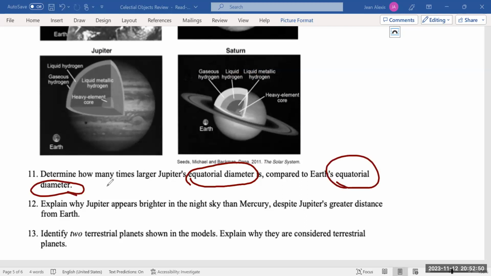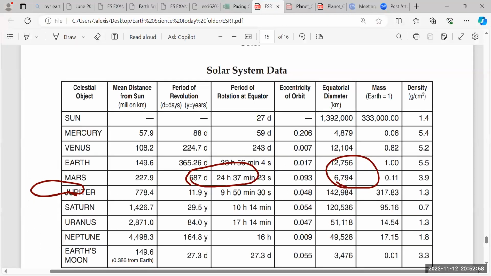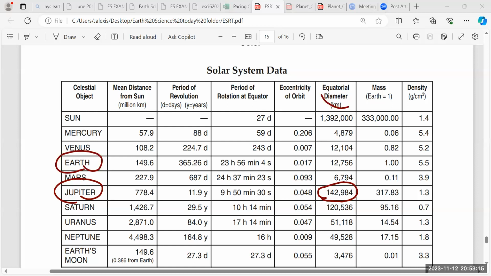What page, everybody, is it? Page 15. Let's go to page 15. All right. So see Jupiter and its equatorial diameter is 142,984 kilometers.